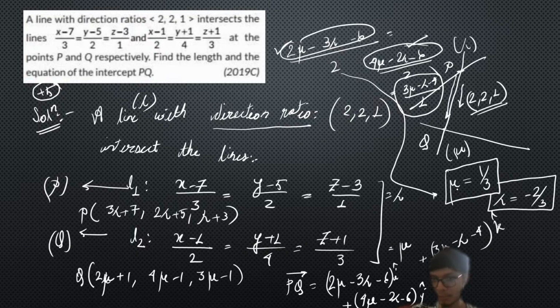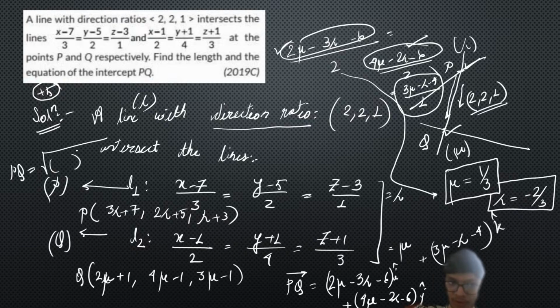We have the value of mu, we have the lambda value, so we can definitely find the distance. We can find the point P, we can find the point Q, and the distance PQ. So our distance PQ is simply the square root of the square of the difference of the x coordinates of P and Q, plus the square of the difference of the y coordinates, plus the square of the difference of the z coordinates.